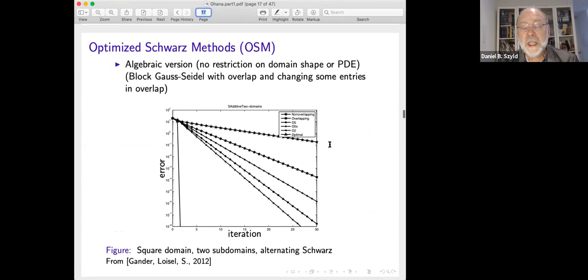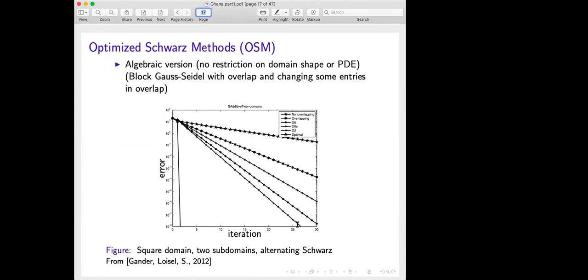Here you clearly see that the convergence is linear. The point is that if you do the right thing, it's linear, but it's fast. The standard linear convergence is slow, but we can get it fast. That's for optimized Schwarz: linear convergence, but a fast convergence.